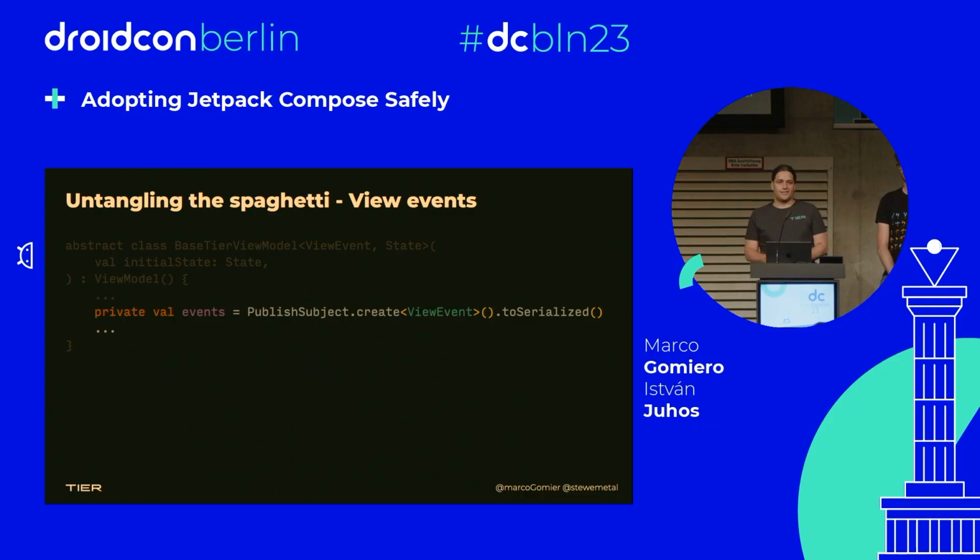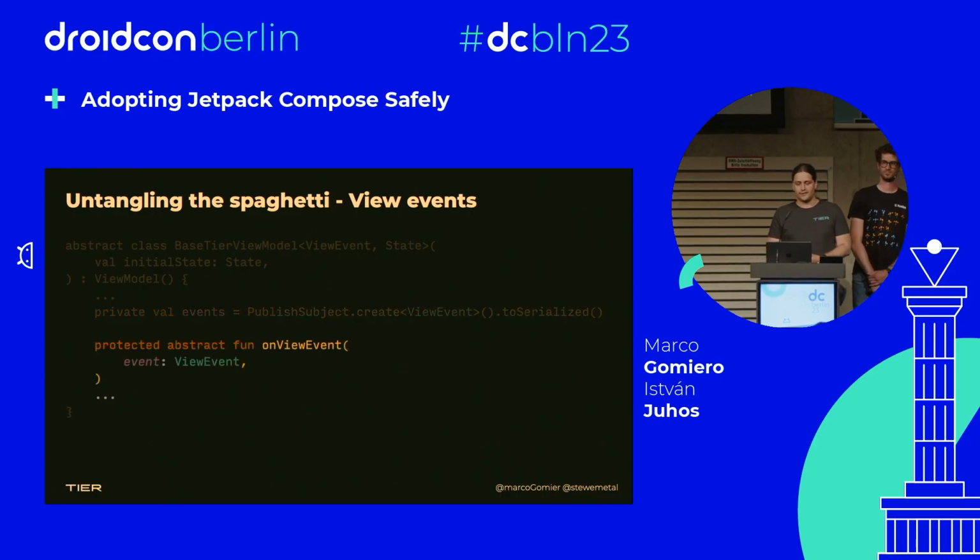How did we implement it? The view events are just another channel, another stream of events that has to be handled somehow. But unlike the states, this has to be handled by the implementation of the view model. So we created an abstract function so that every view model subclass has to have some kind of grasp on the incoming events, and it has to convert the incoming events into outgoing state.